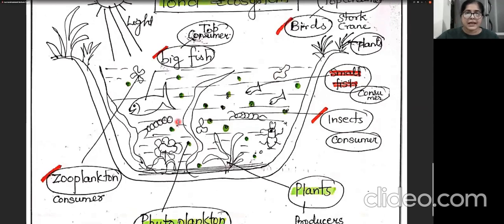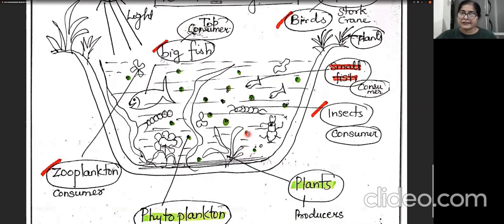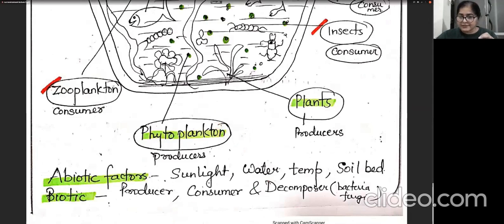And at the same time, decomposers are always bacteria and fungi. We have already discussed this in our first video. Bacteria and fungi are the decomposing organisms that convert complex food material and complex waste into simpler forms and return the nutrients back into the soil.